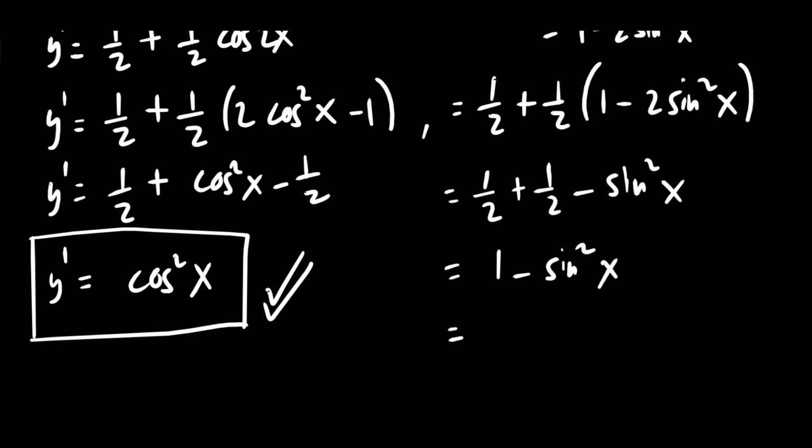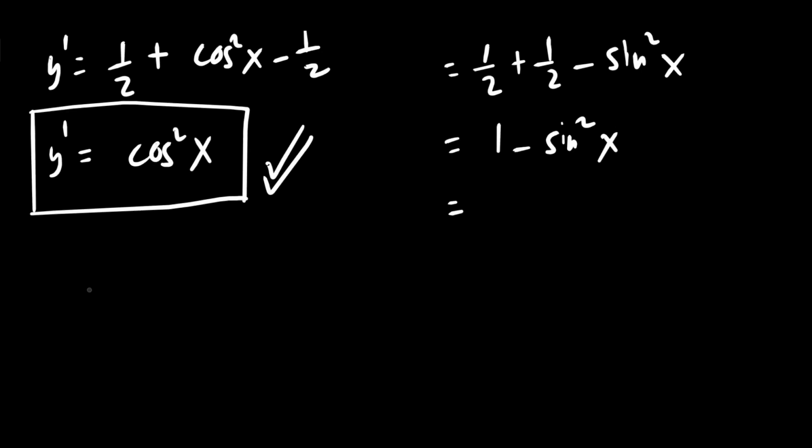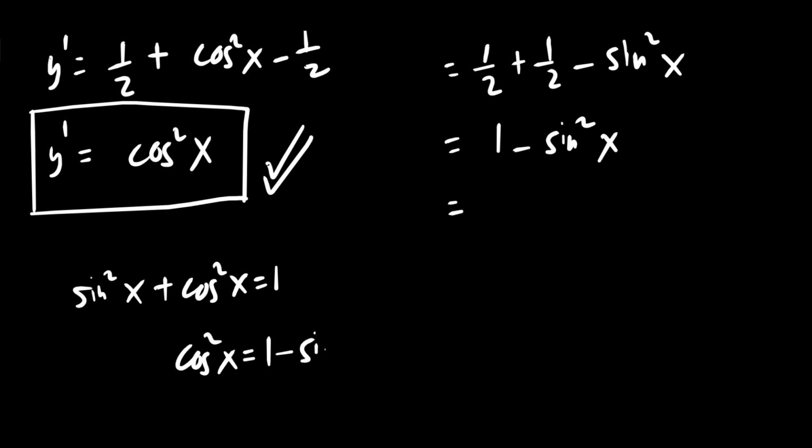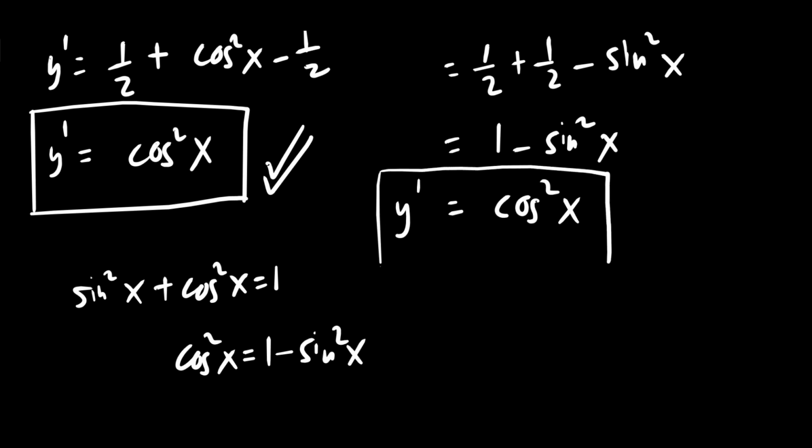By the identity, sine squared x plus cosine squared x is equal to 1, so cosine squared x is equal to 1 minus sine squared x. So 1 minus sine squared x is just equal to cosine squared x. It's just the same.